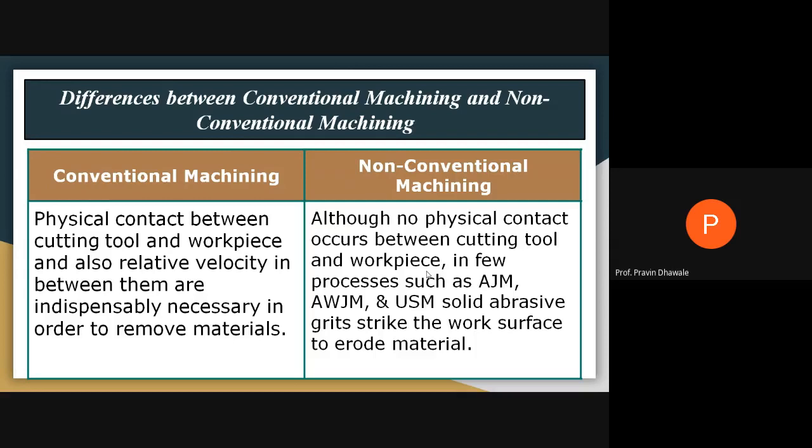But there are a few processes like abrasive jet machining, water jet machining, ultrasonic machining, where solid abrasive grits strike the work surface and remove the material from the surface of the workpiece by the action of erosion.